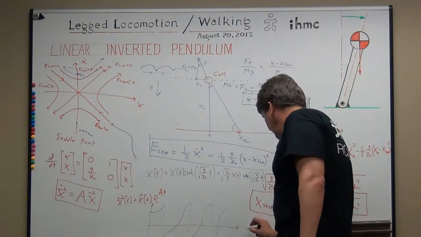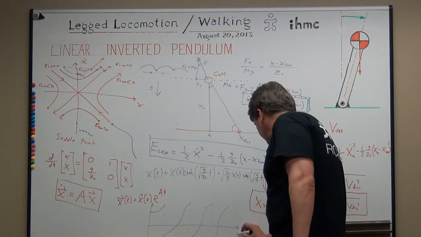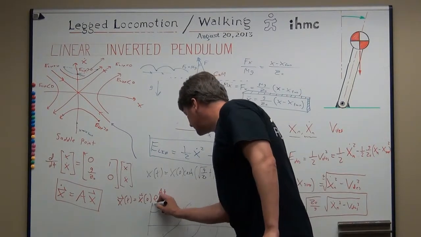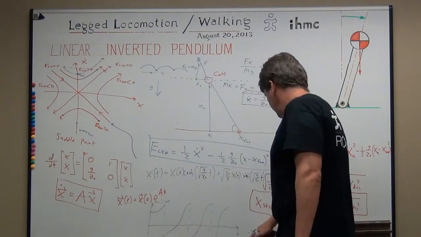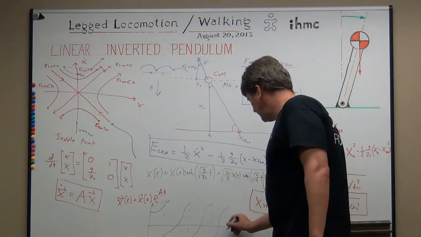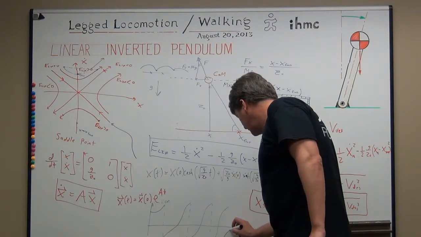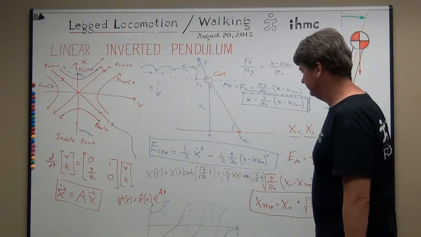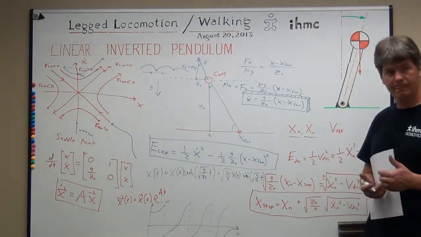And this would be plotting x minus x squared versus t. And then maybe at the end you take a step to come to a stop. That make sense?